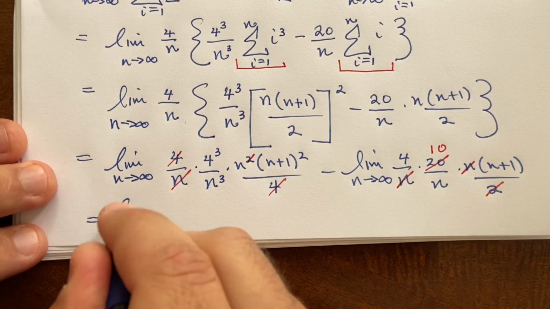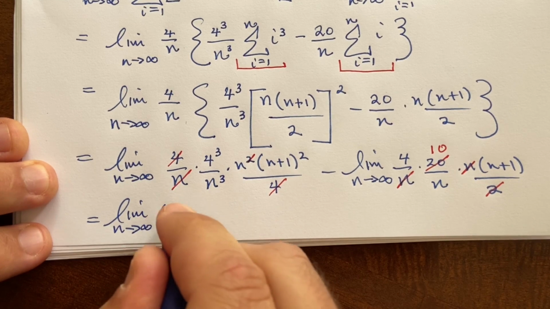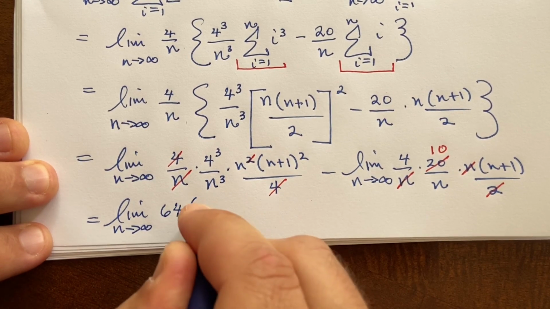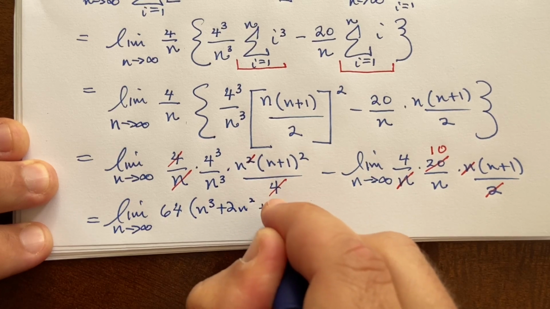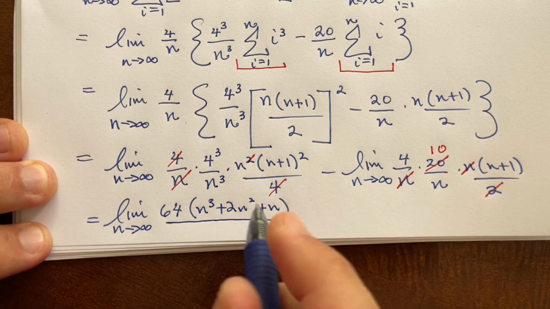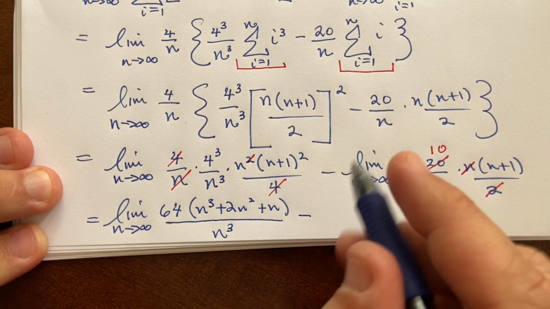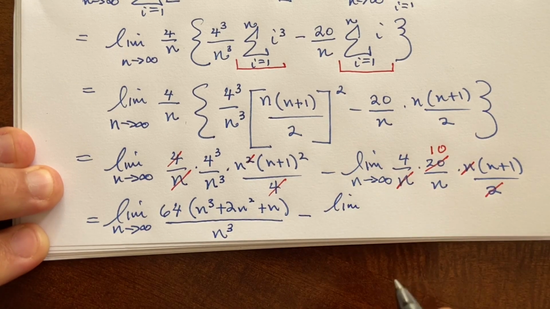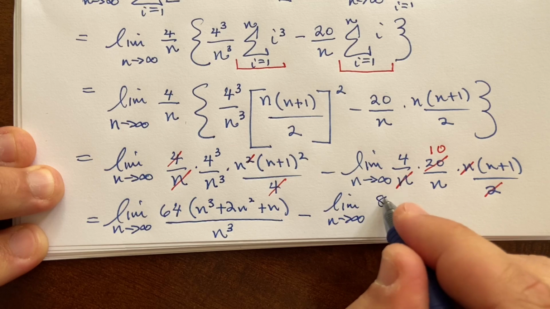So we can say the limit as n goes to infinity of 64 times n cubed plus 2n squared plus n, and then this would be over, what's left there is n cubed, minus the limit as n goes to infinity of 80.